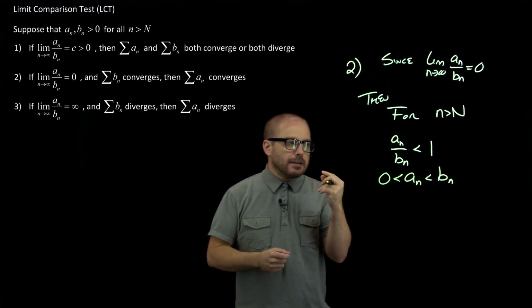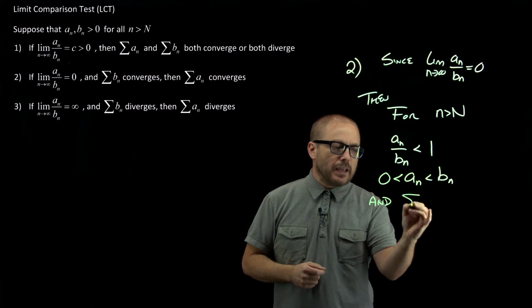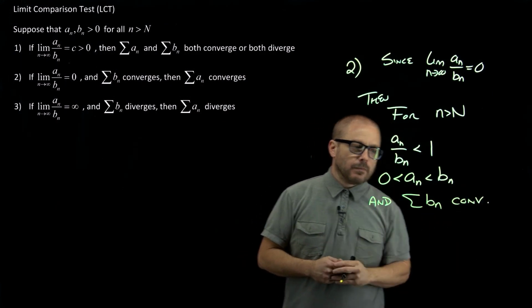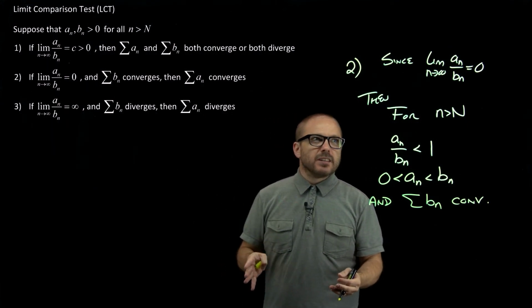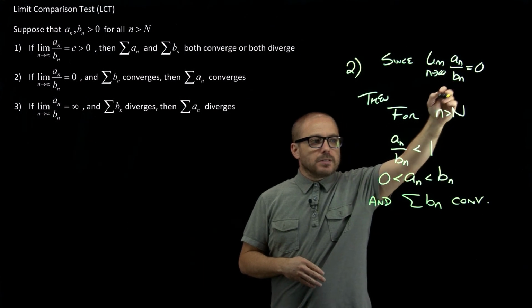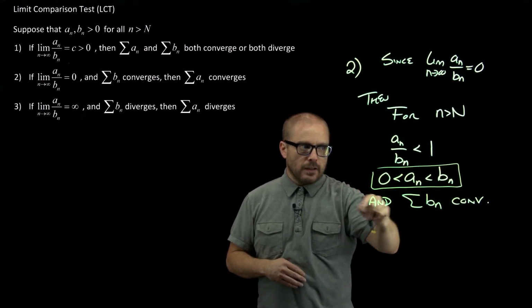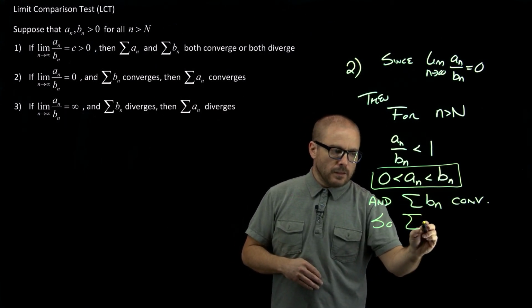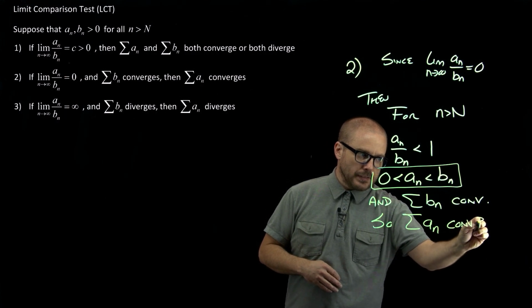And we were saying that we were going to presume that the b_n's converge. So really this boils down to a direct comparison test. The fact that that limit goes to 0 means eventually we can say this. We're less than a convergent, so the series of my a_n's converges by DCT.